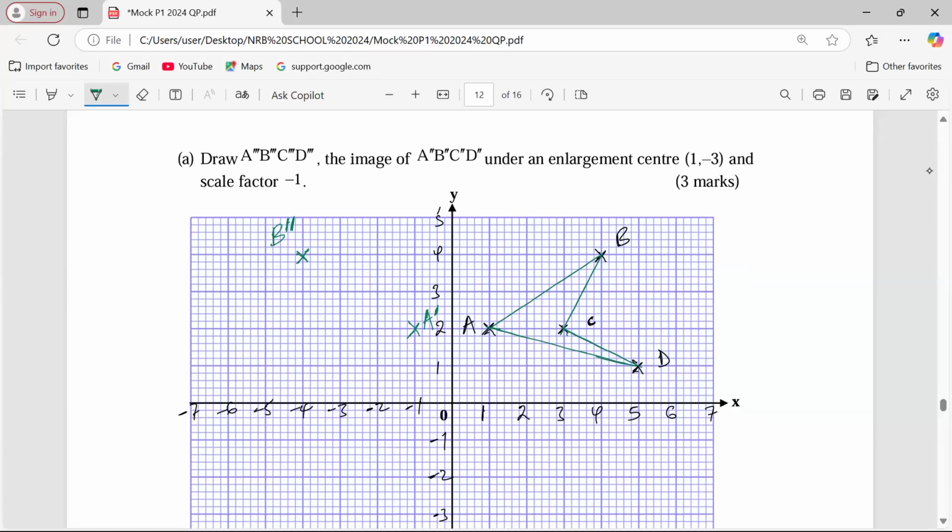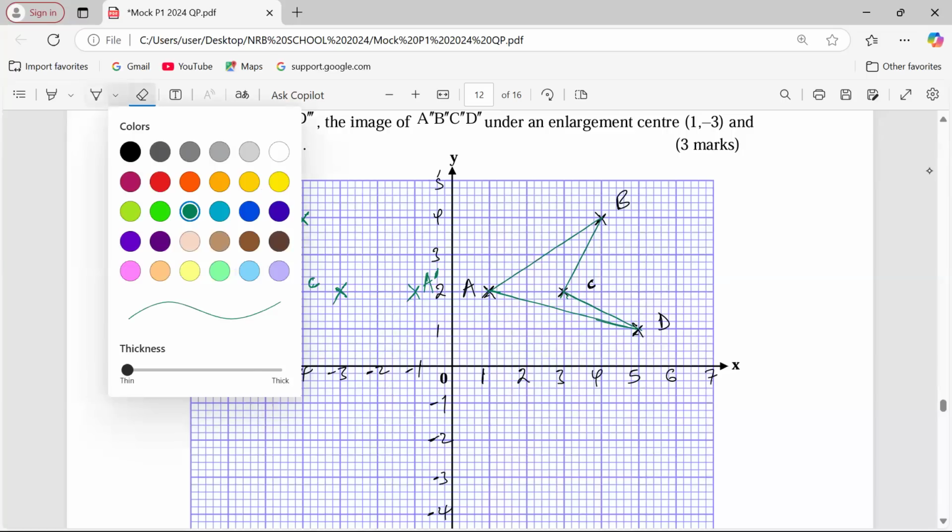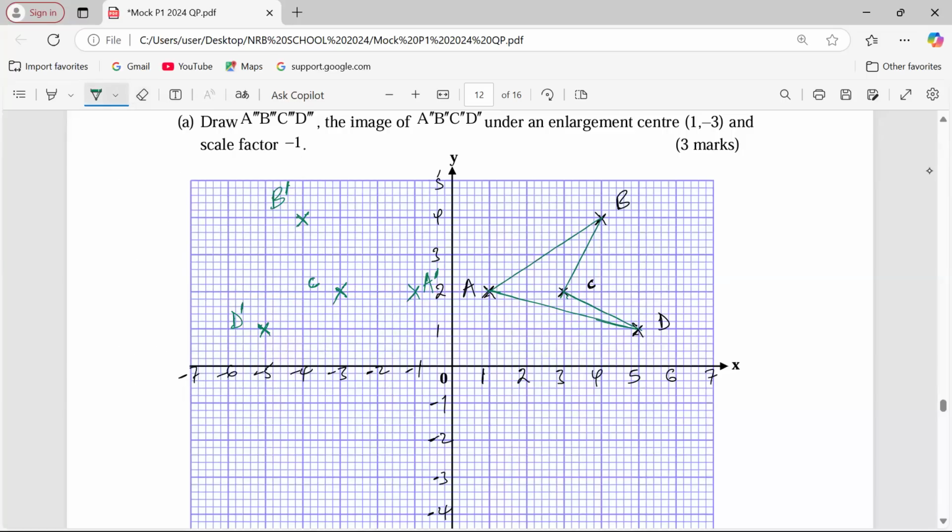Then C shall move to a point like this, and D shall come to a point like this in the opposite direction. It's prime, not double prime, just prime.